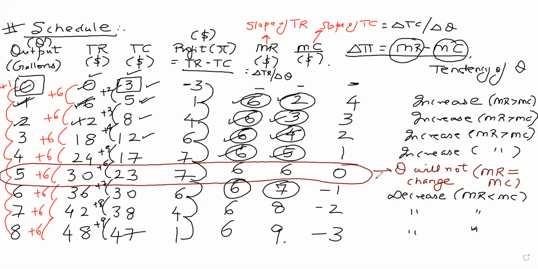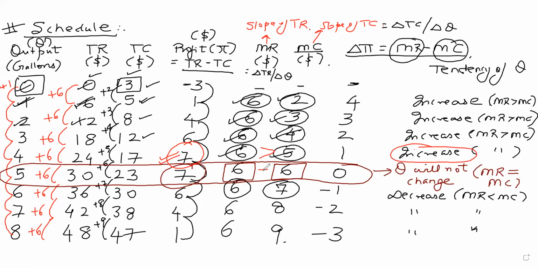That means profit will be maximum. You can clearly see profit is maximum at 7. MR exactly equals MC. Now guys, profit was maximum here also. Profit was maximum here also. But you could see MR was still more than MC. That means the additional revenue earned by the firm was still more than additional cost, which creates motivation for the firm to increase the output.